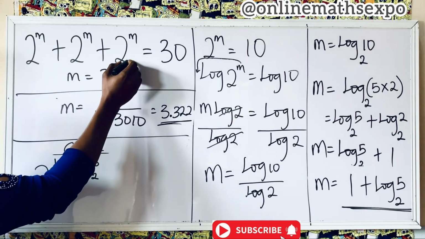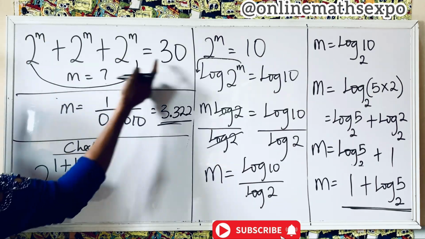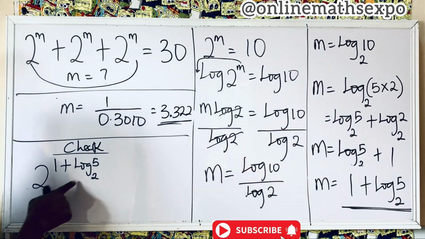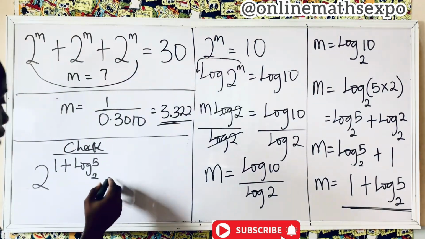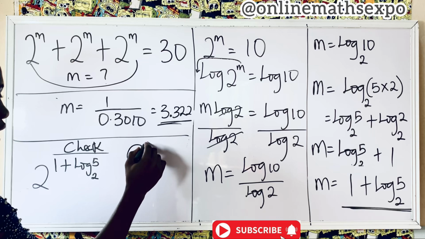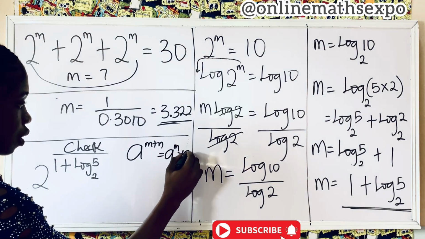We want to know if what we got here, when you put it in this m, will be equal to 30. So in this case, you remind yourself of your rule of indices, which says that if you have a to the power of m plus n, it is a to the power of m multiplied by a to the power of n.